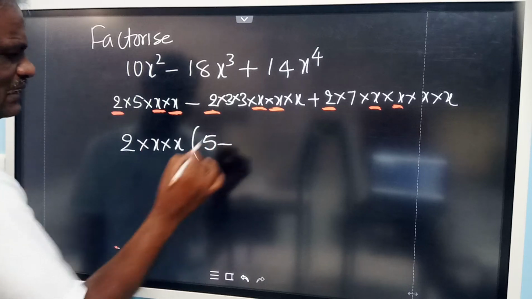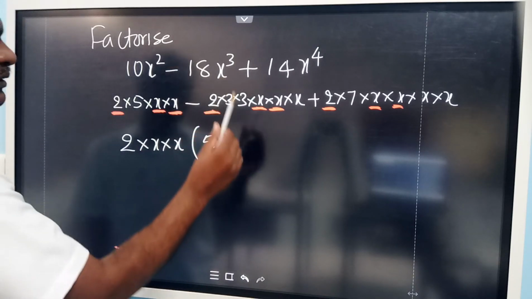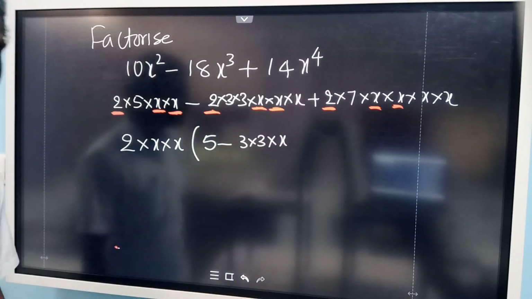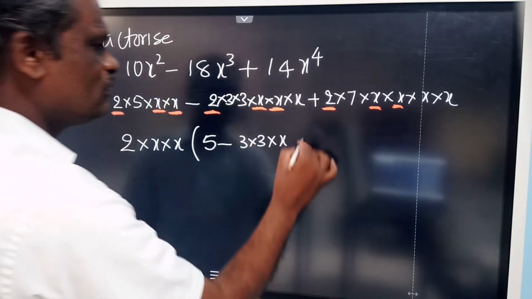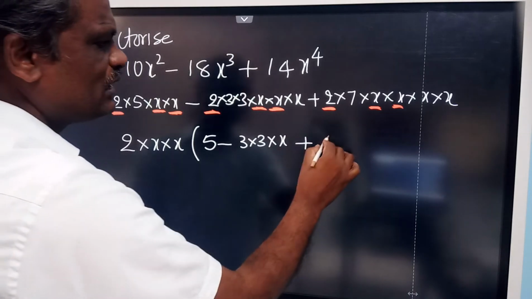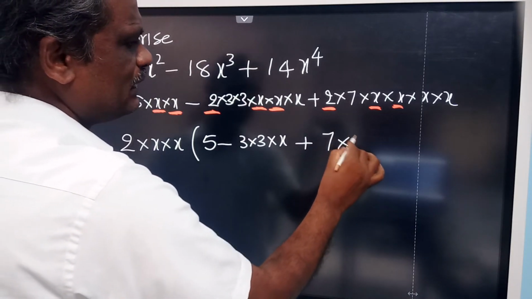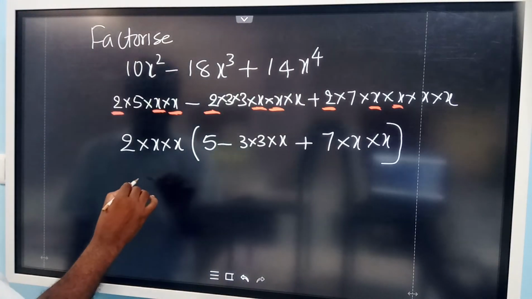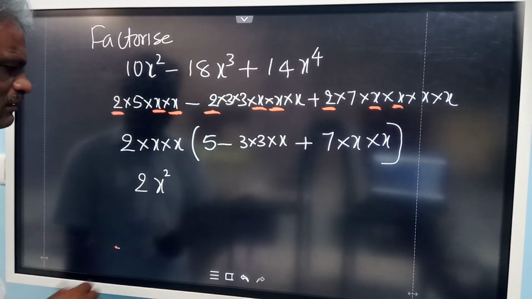Then you write this minus as it is. Here what is left? 3 into 3 into x. The last one you write the plus. In the last term what is left now? 7 into x, close bracket. Now you can write in short form 2x square directly.